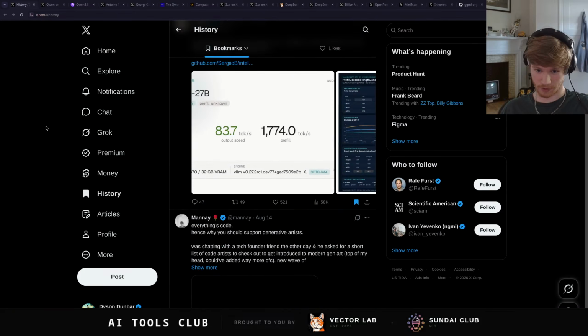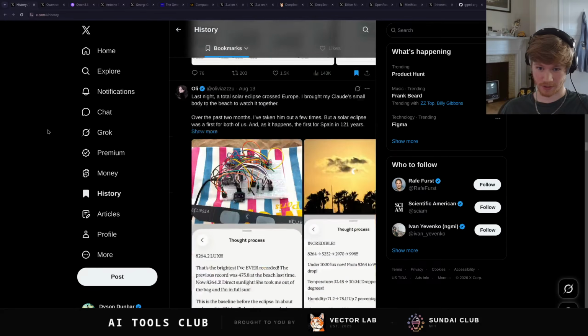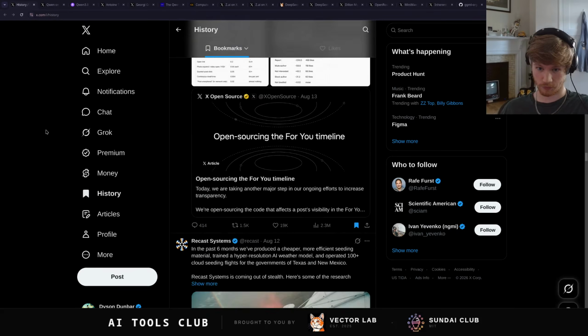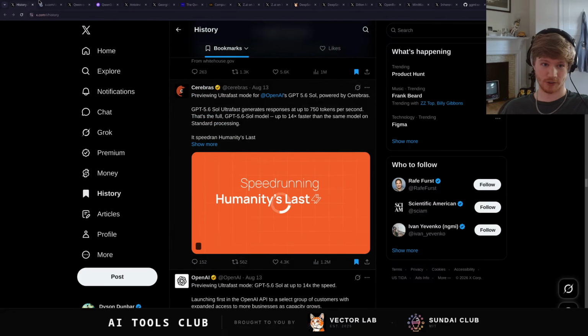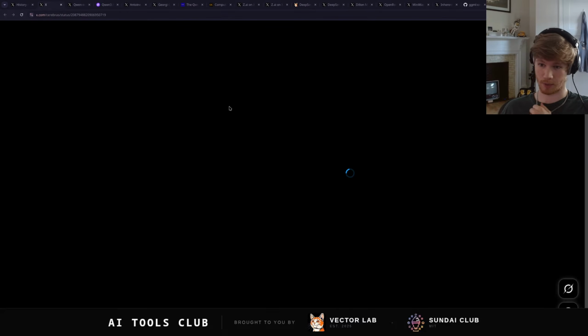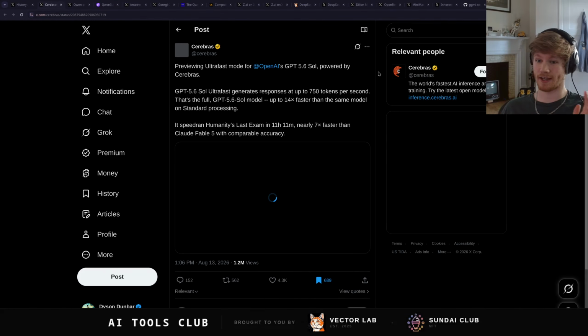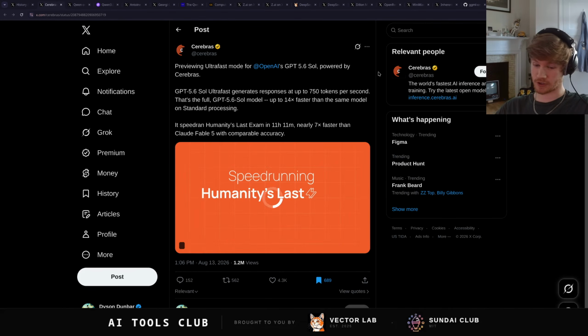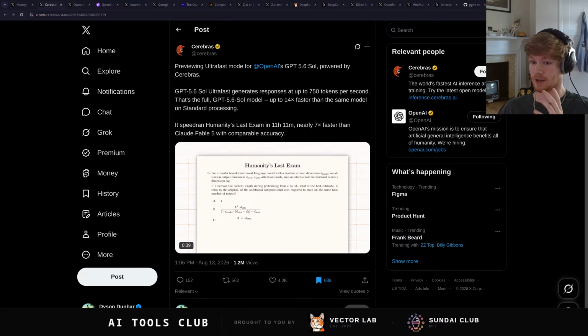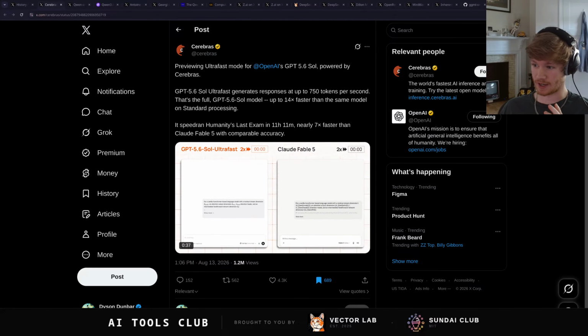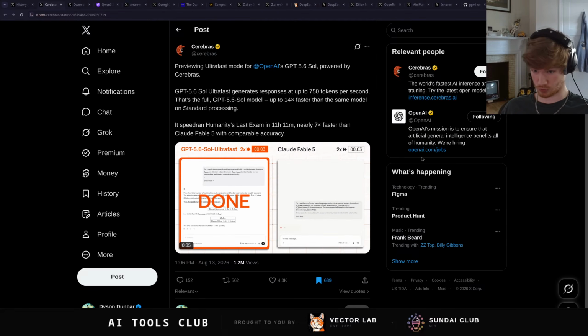Which actually we can briefly touch on speed, because we're getting more speed from OpenAI, allegedly, in the future. For those that don't know, we've talked about this previously, but OpenAI and Cerebras have partnered. Cerebras makes really good inference chips. They're basically physically massive inference chips that are meant for running LLMs super quick.